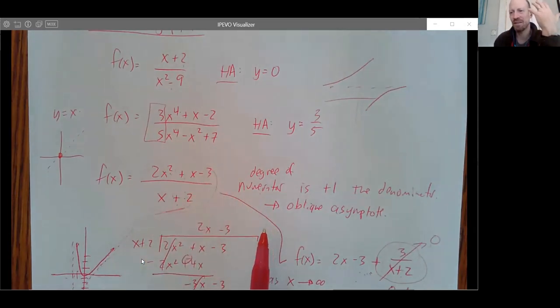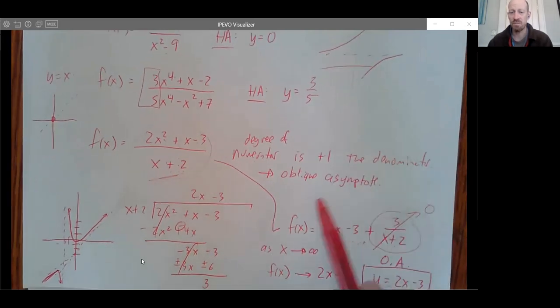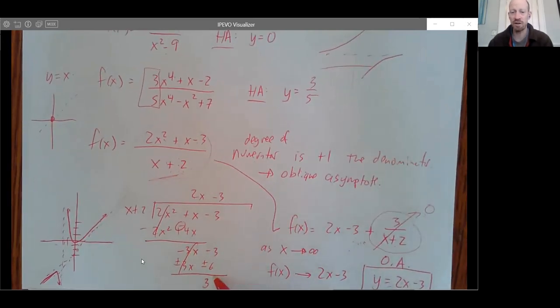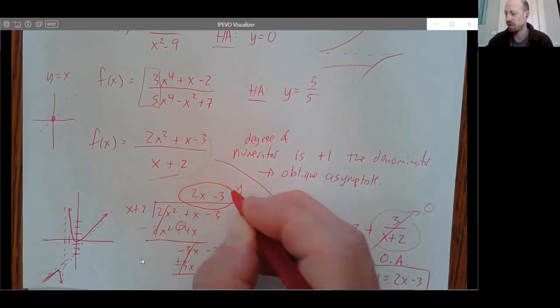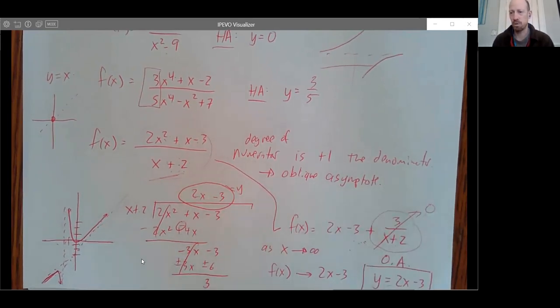Well, end behavior would be like the umbrella term, like what's happening out on the ends. It could be horizontal or it could be oblique. But the good thing is the rule is always the same. You just do division, and you can ignore your remainder. So whatever you get here is going to be your oblique asymptote.